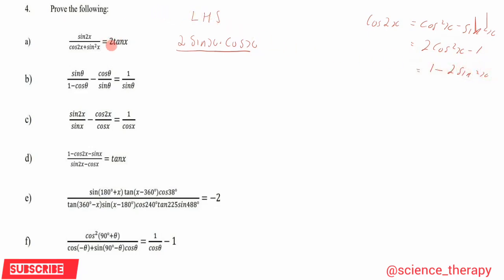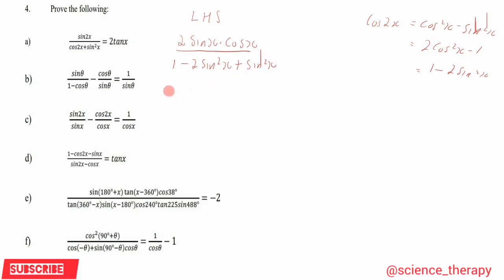But looking at our equation, we can see that we have sine x here, and it will probably be best that we break this one to sine, because we can see that there's also sine in here. So let's break it down to sine. We have 1 minus 2 sine squared x plus sine squared x.